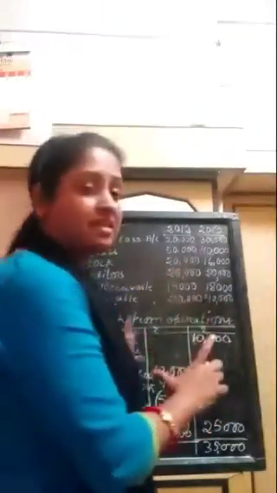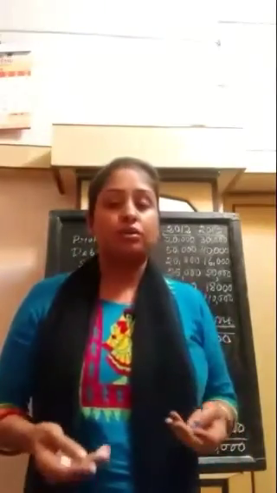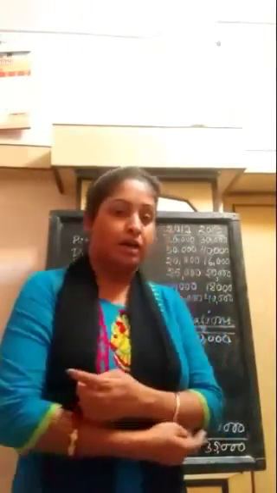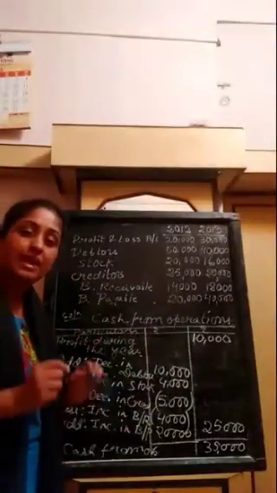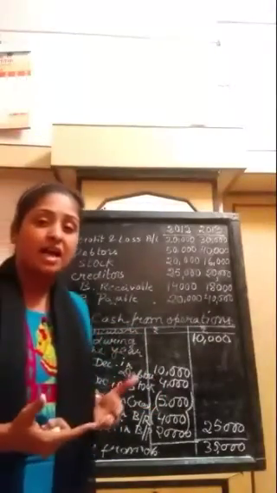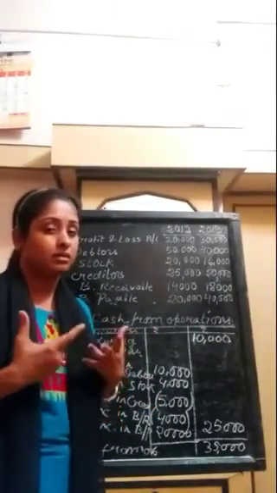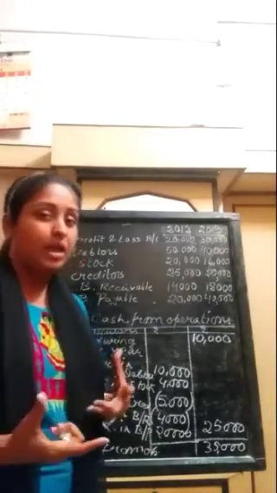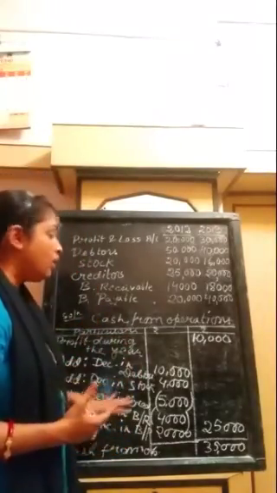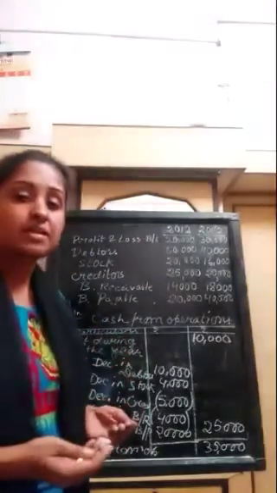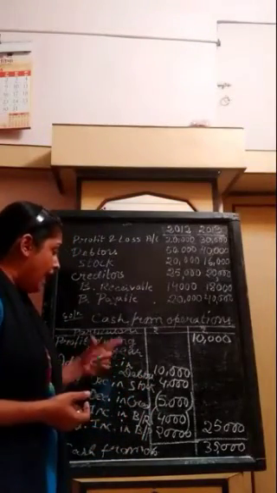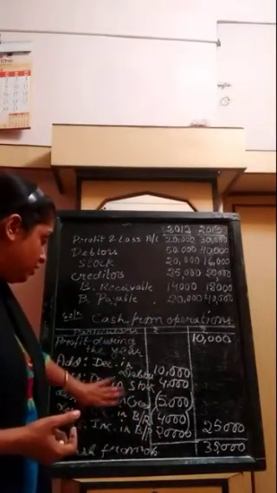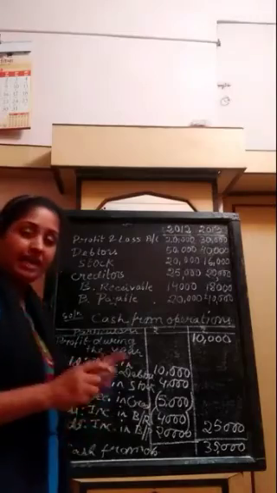This is just a basic sum to give you an idea about how to solve the sum. I hope you have understood whatever I have explained through this very basic illustration. In my next class, I will make another sum and solve it for you with some other adjustments which will be added with the profit during the year, and then we will do the adjustment in the current assets and liabilities.